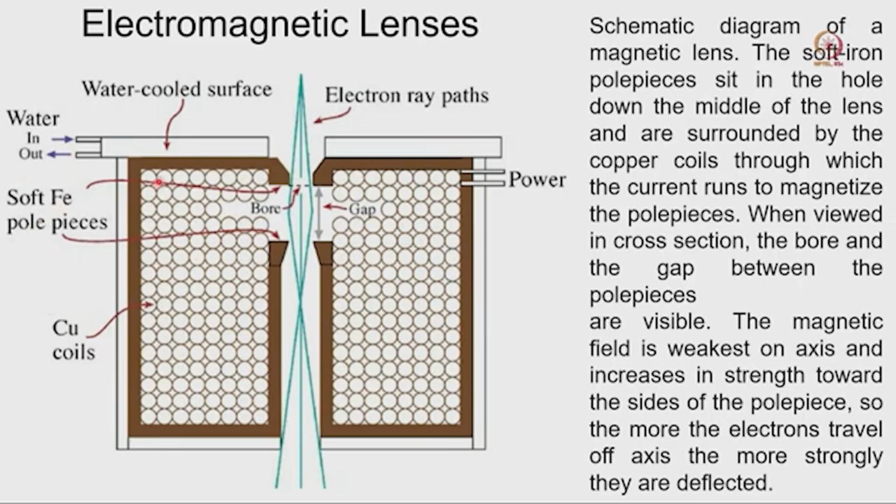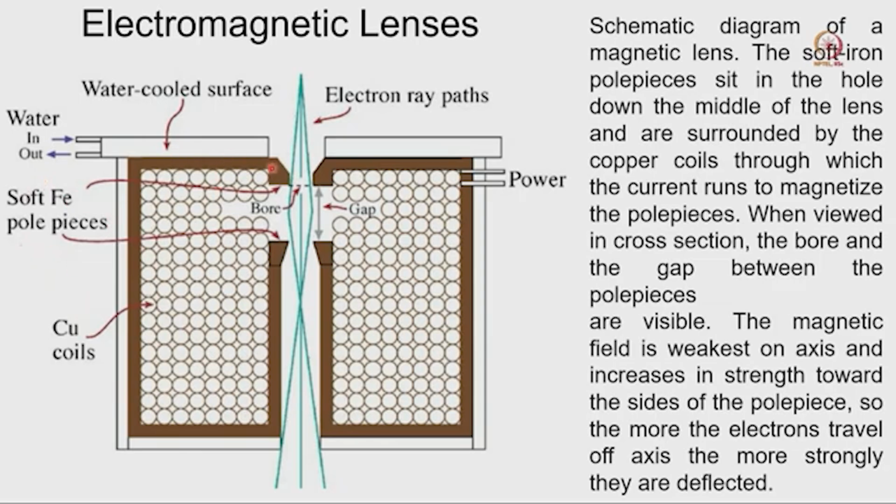Those are the copper coils, and this is the cross section, where you can see multiple copper coils located in the soft iron pole pieces, uniformly distributed on both parts. Now, there will be a water supply outside of these soft iron pole pieces.